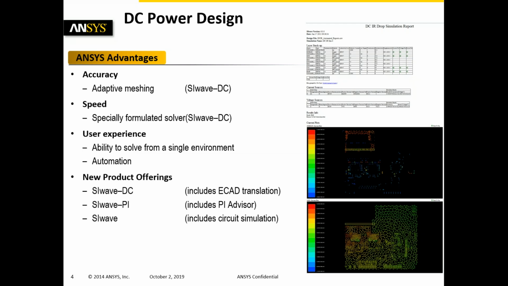It includes the PI Advisor, another module added on to the DC level. And then the last, the full comprehensive product, is just called SI Wave. It would also include circuit simulation, which would allow simulations like eye diagram, transient analysis, stuff like that.